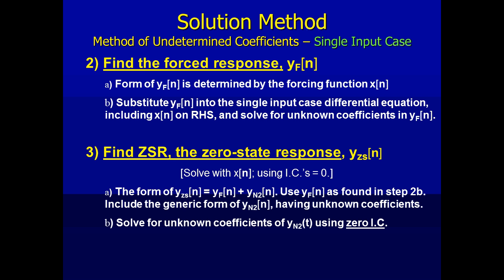Yeah, that's probably true. Yeah, it's probably reversed in the notes. I usually use yn1 for the zero input response because we solved for that first. Yeah. Oh, but I will.